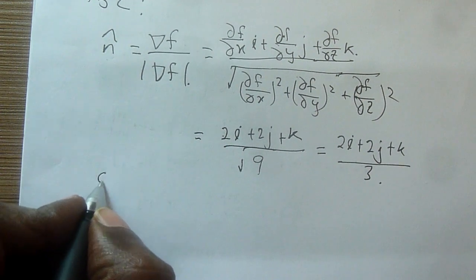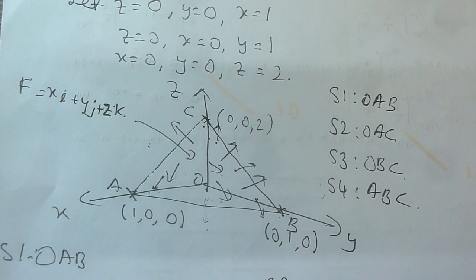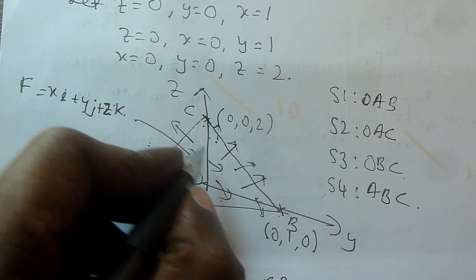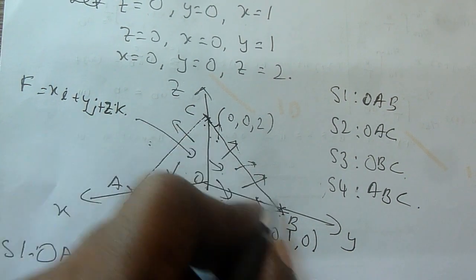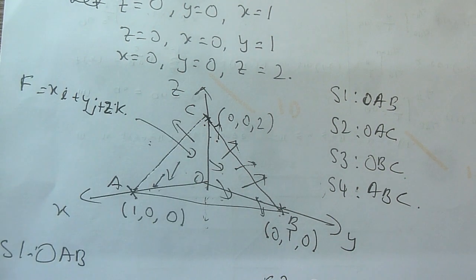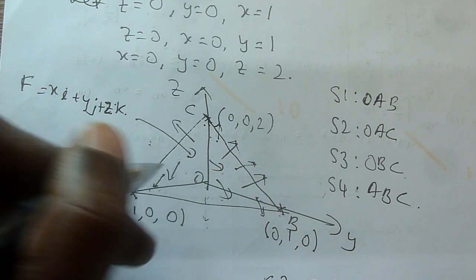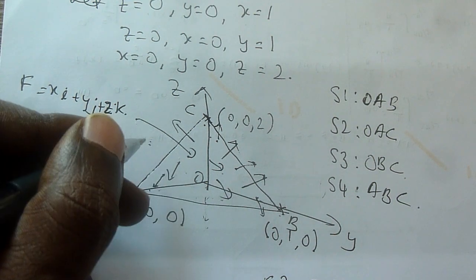Now what about dS? This is the big challenge. Can I use the actual dS? Please take note on this portion. You cannot calculate the actual surface of this triangle A, B, C. This triangle is slanted.